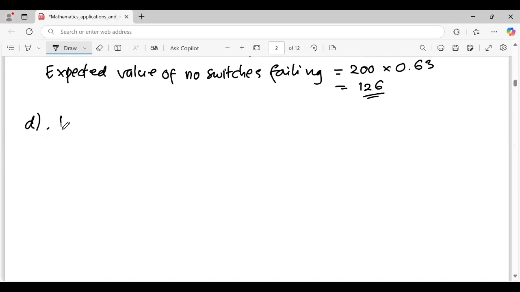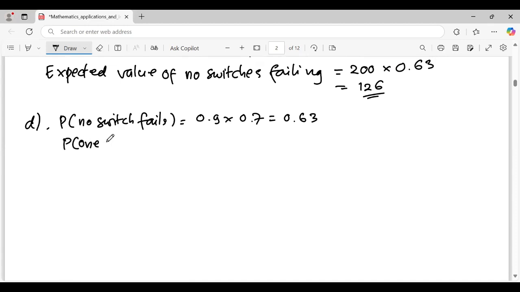So we need to find the probability with no switch. No switch fails: 0.9 times 0.7. Just now we already calculated this, 0.63. And the probability of one switch, I will find the expected frequency.